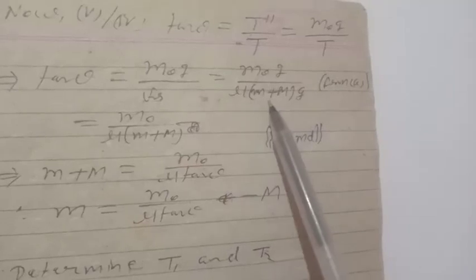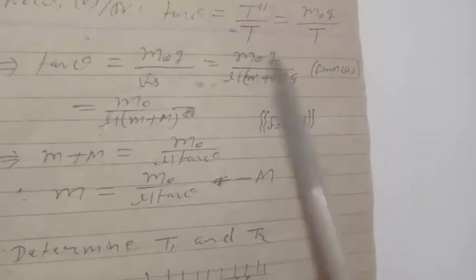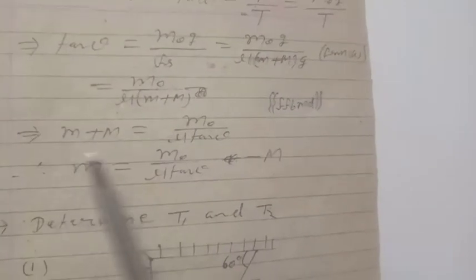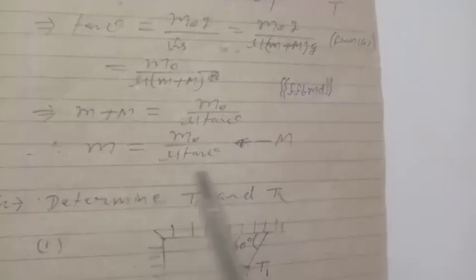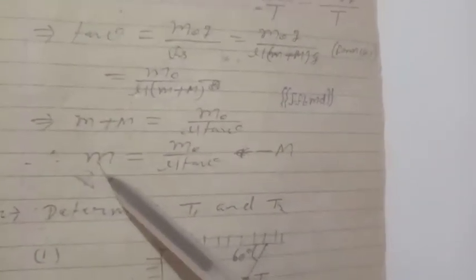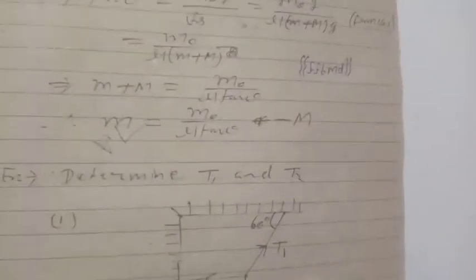So m naught g by mu into (M plus m) into g equals m naught by mu into (M plus m), because g is cancelled. This implies M plus m equals m naught by mu tan theta, hence m equals m naught by mu tan theta minus M. This is the value of the mass calculated.